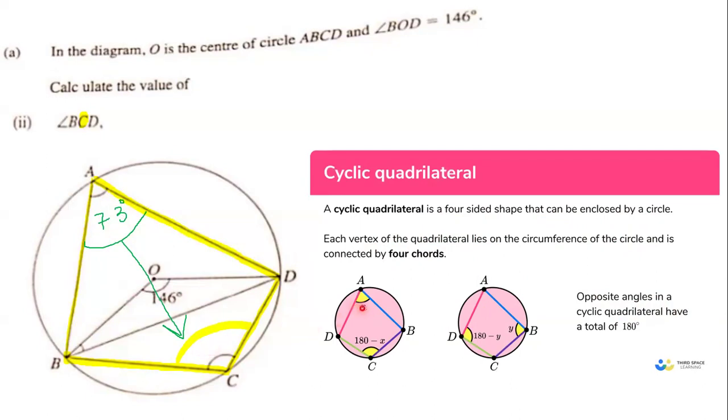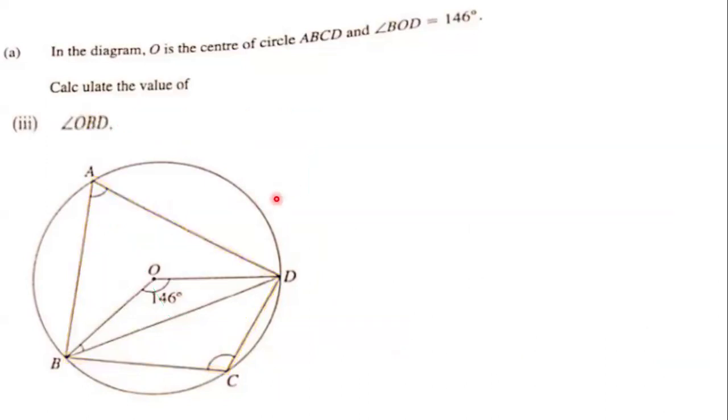Just like how if we know that this one is x, we do 180 minus x. And 180 minus 73 gives us 107. And so that means that the size of angle BCD is equal to 107 because 107 plus 73 is 180 degrees.